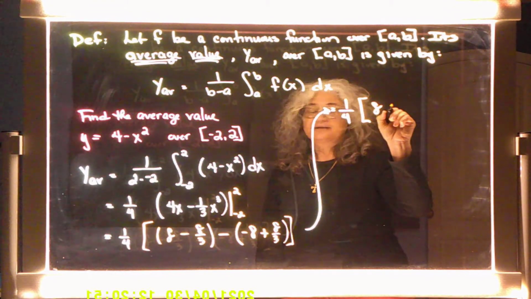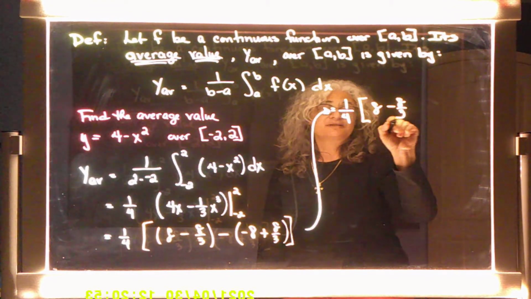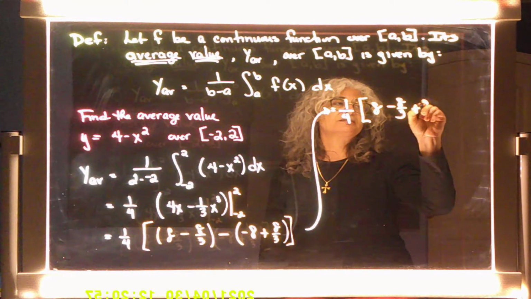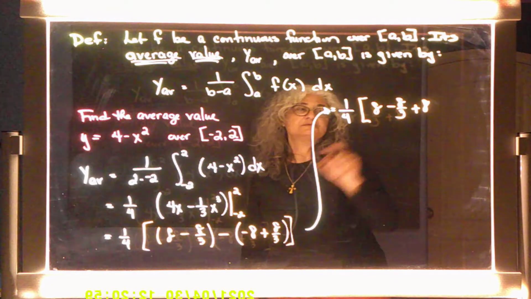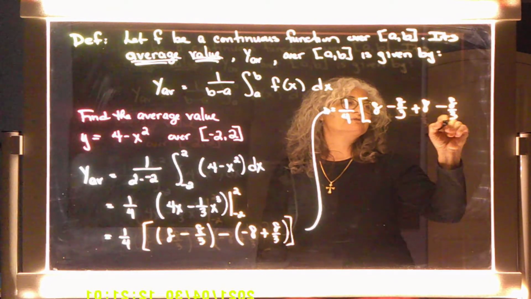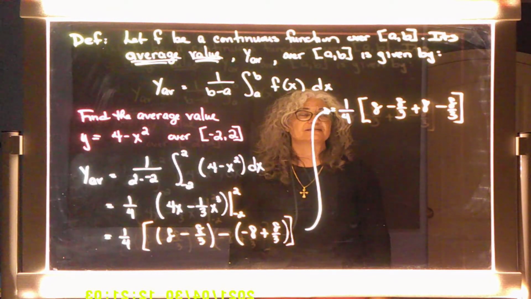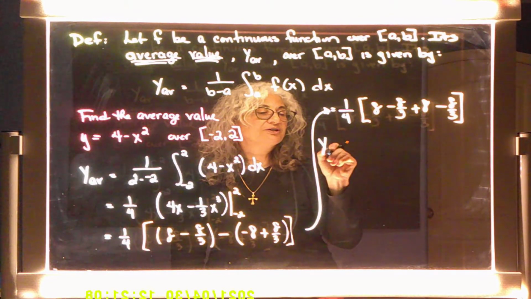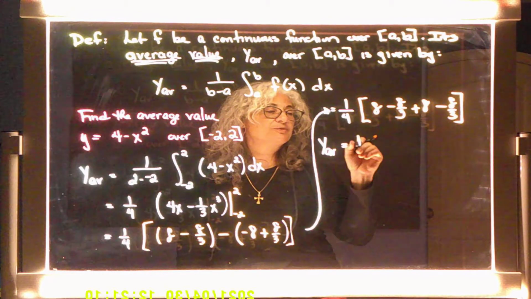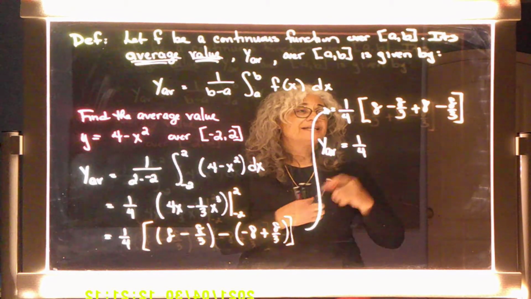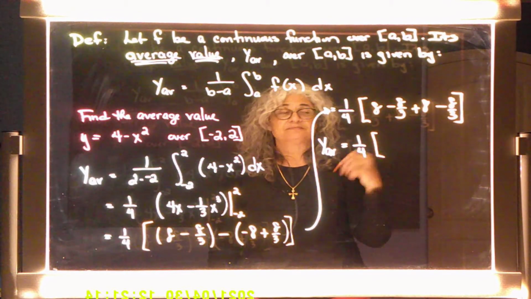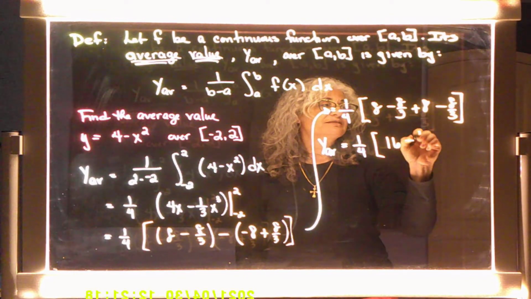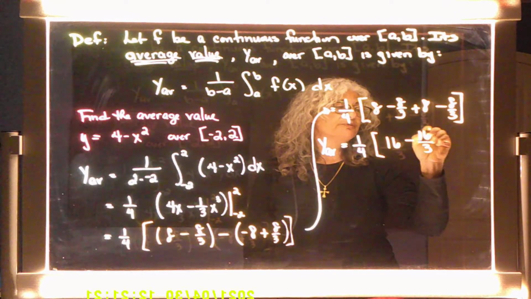So we have 8 minus 8/3. Distribute the subtraction sign. Gives me a +8. Distribute. Gives me a minus 8/3. Oh, it doesn't look like anything's canceling. That's okay. We can handle it. Okay, so our average value is going to be 1/4, and in these brackets, looks like 16 minus 16 over 3.